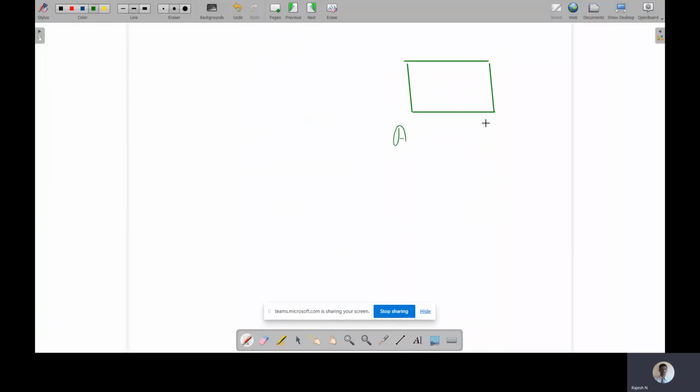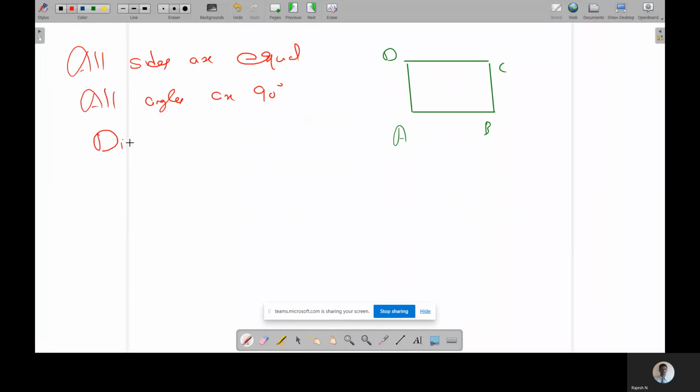In a square, what is the speciality? All sides are equal in length, all angles are 90 degrees, and diagonals are equal.